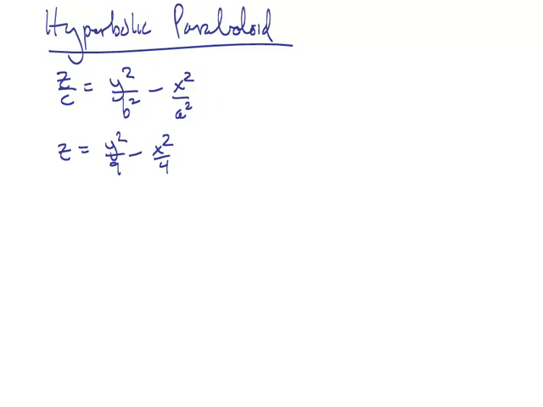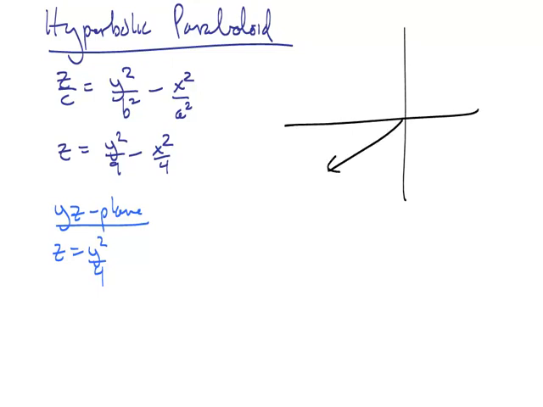Let's just look at the yz plane here when x is equal to 0. And so I have z equals y squared over 4. Now what is that going to be? I'm just going to draw these in 3 dimensions as I go. Again, you can see the picture in your book.